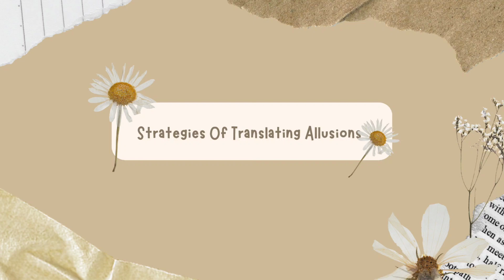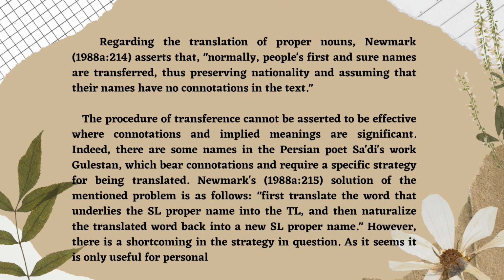The next topic is about strategies of translation evaluation. Next, regarding the translation of proper nouns, Newmark asserts that normally people first ensure names are transferred, thus preserving nationality and assuming that their names have no connotation in the text.